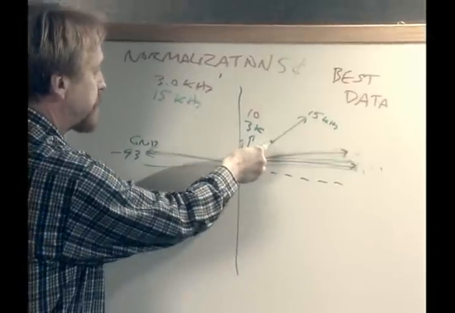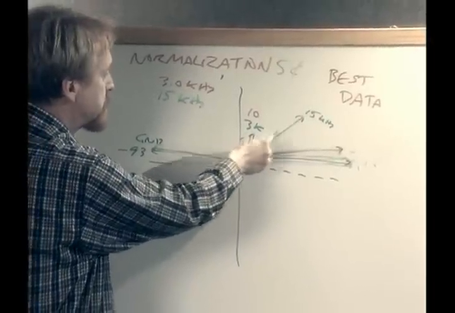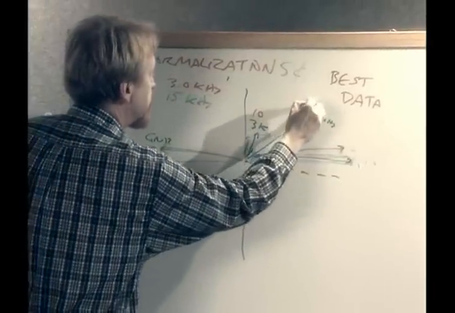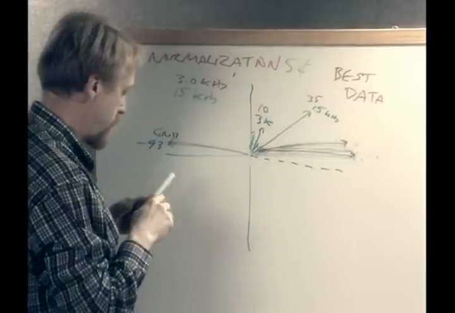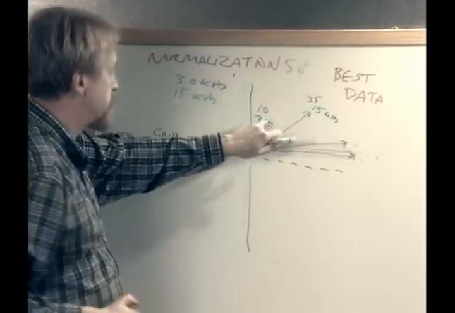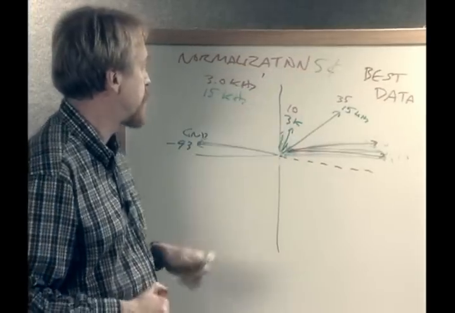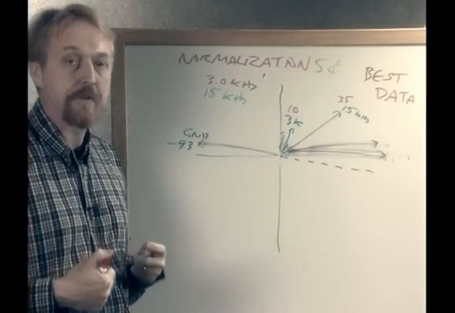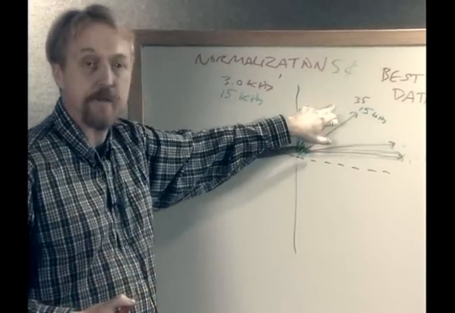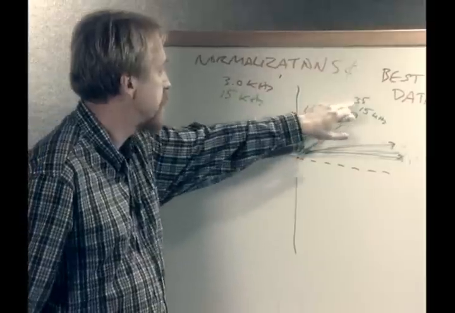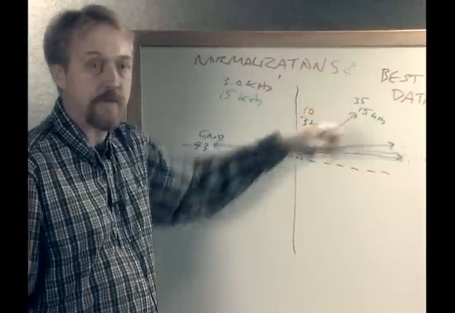If I do the same thing at 15 kilohertz, I'll get a VDI response that might be 35. And what the processor has to do in order to be able to perform this operation and have the resulting display make sense to the operator is to convert those numbers to more familiar units.